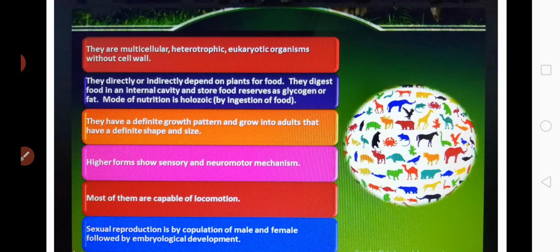So these animals directly or indirectly depend on the plants, digest the food in the internal cavity, and store the extra amount of food in the form of glycogen or fat. And the mode of nutrition here is holozoic, means taking food in through the mouth, that is by the ingestion of the food. Clear?